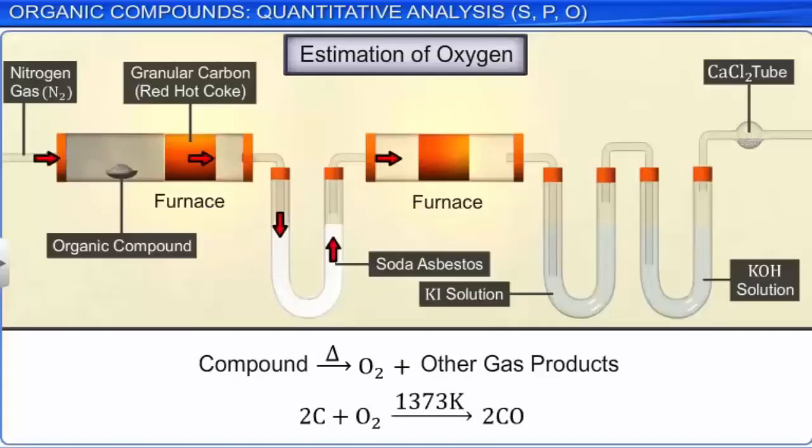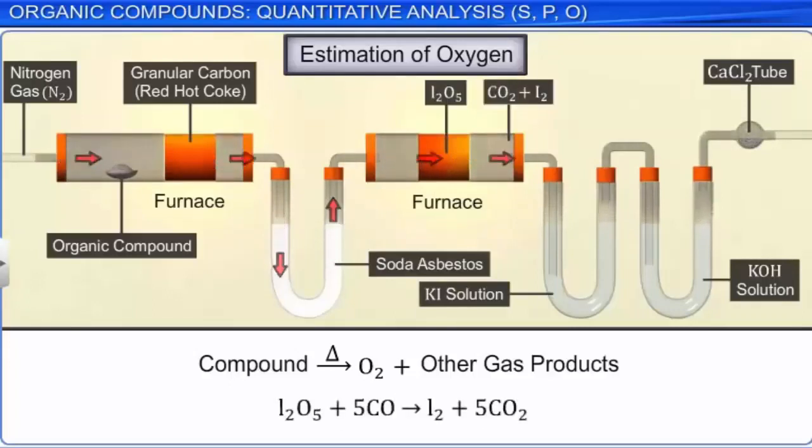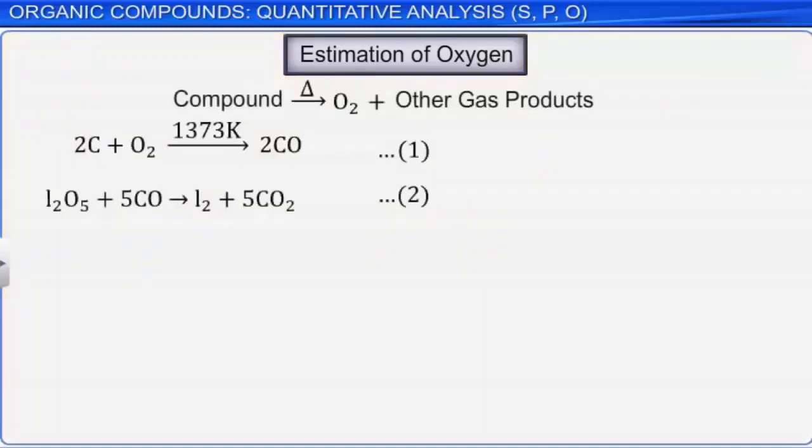This gaseous mixture is passed through warm iodine pentoxide, when carbon monoxide is oxidized to carbon dioxide, producing iodine. This reaction may be represented as shown here. To make the amount of carbon monoxide produced in the first equation equal to the amount of carbon monoxide used in the second equation, multiply the first and second equation with 5 and 2 respectively.